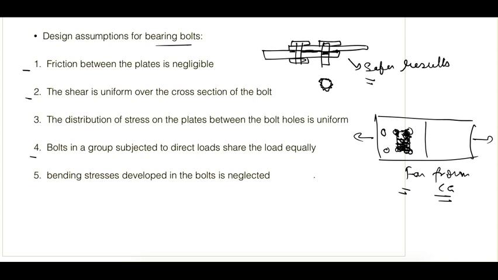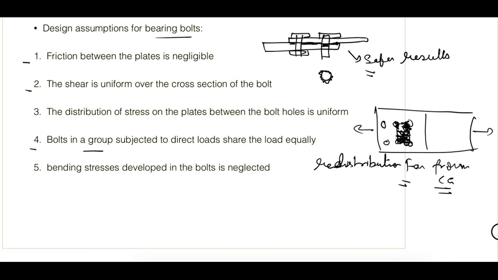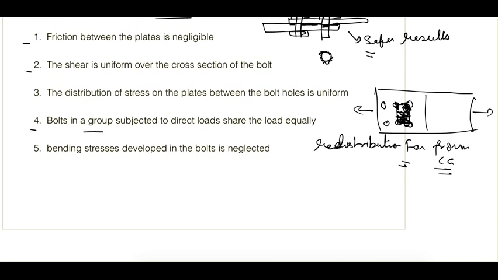So up to failure redistribution of stress takes place, and because of this redistribution at failure the load will be more or less uniform. So this is also not completely wrong. The last one is bending stresses developed in the bolts are neglected. So we are not considering any bending stresses in the bolt.